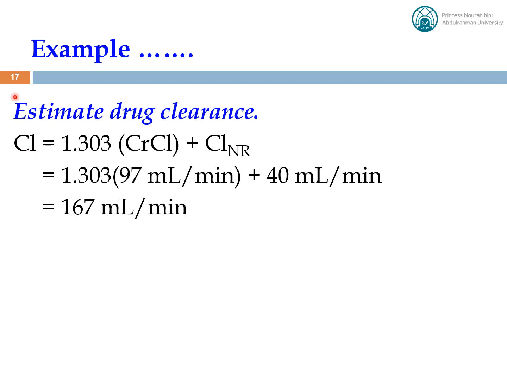So in the slide just before, 3 slides back, we calculated the creatinine clearance by the Cockcroft-Gault equation since the patient is not obese, and it was calculated as 97 milliliters per minute. Next, after calculating the drug clearance, this is 97 creatinine clearance, and now the 167 milliliters per minute, take care of units, is the digoxin clearance.